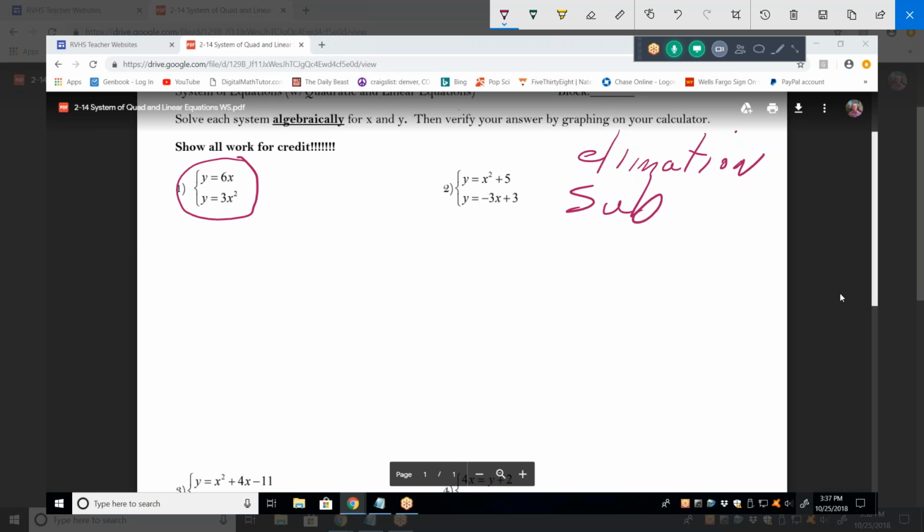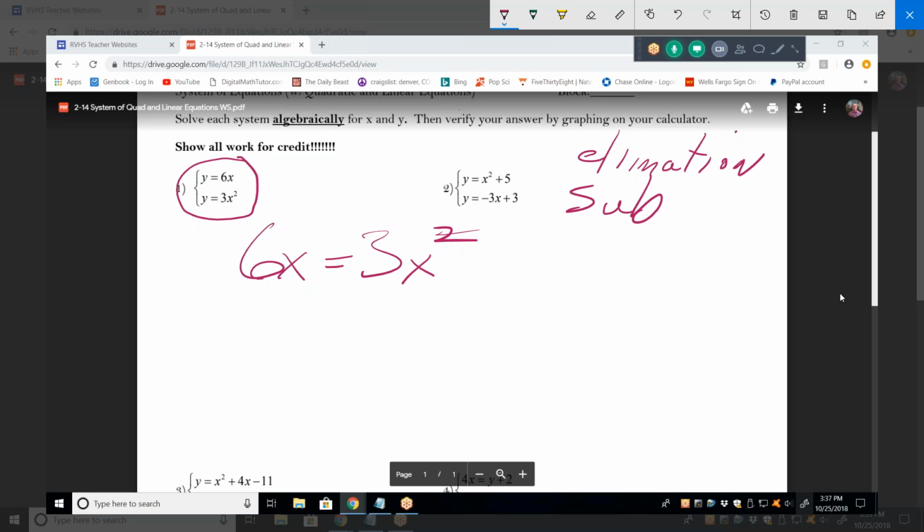In other words, 6x equals 3x squared. Now, solving this is, believe it or not, a little tricky. You don't want to divide both sides by x.